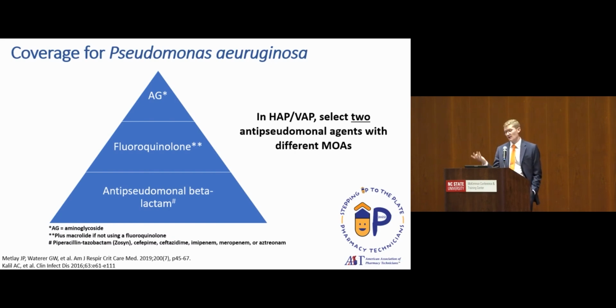Those are probably what's most commonly used on an inpatient basis for Pseudomonas coverage: cefepime, Zosyn, also known as piperacillin tazobactam, and meropenem. Those are typically your go-tos for pseudomonal coverage, or you could use one of those fluoroquinolones as well. Aminoglycosides usually aren't used first line because they're a little more difficult to dose and have a risk of harm to our kidneys.